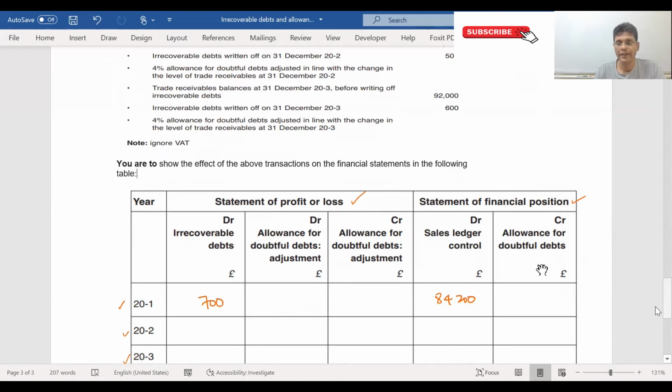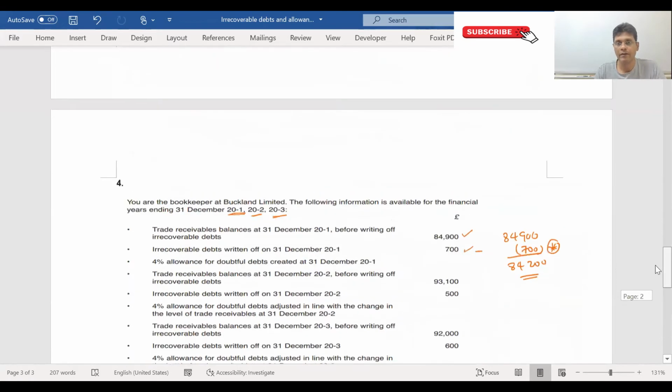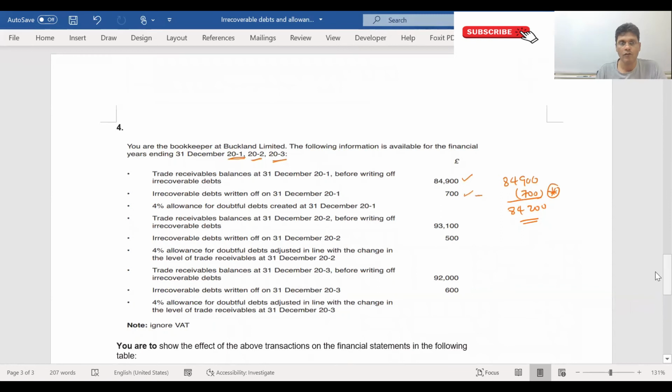Then, 4% allowance for doubtful debts created as at 31st December 2001. On this balance, you need to calculate a general allowance of 4%, which is how much? 3,368.